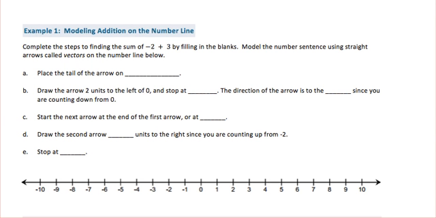And so as we continue, we're going to complete the steps to finding the sum of -2 plus 3 by filling in the blanks. And we're going to model the number sentence using straight arrows called vectors on the number line. We will start by placing the tail of the arrow, the back of the arrow, on 0.